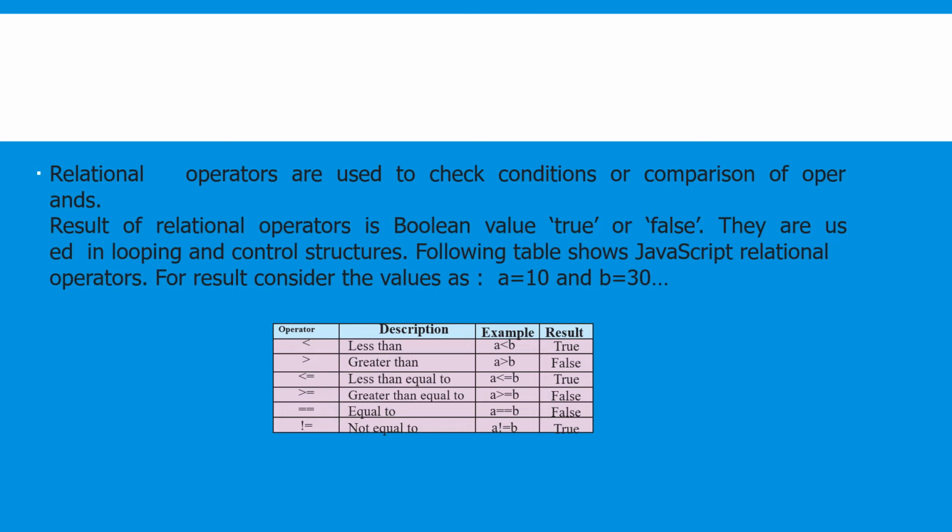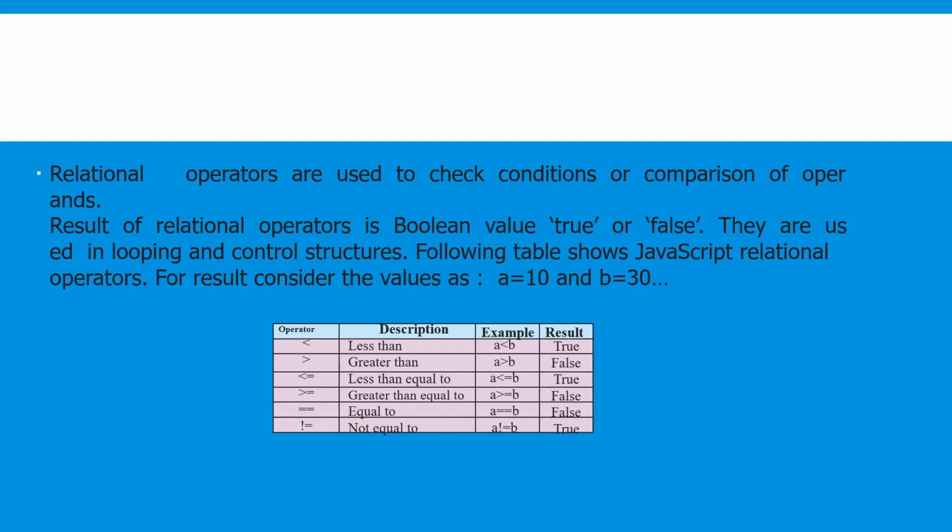Less than equal to, if a is less than equal to b, so a is 10, b is 30. As a is less than b, so the value is true. Greater than equal to, a is greater than equal to b, 10 is greater than equal to 30, so result is false. That's why it comes as false.